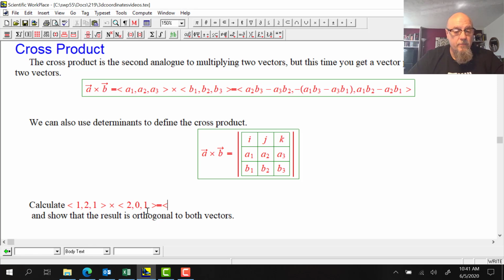So 2 times 1, that's 2, minus 1 times 0. The second component I know has a minus, so I'm going to put that in right away. And now it only has the first and last, so first times last, that's 1, minus last times first, that's 2.